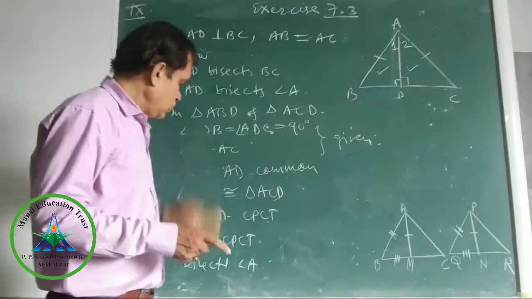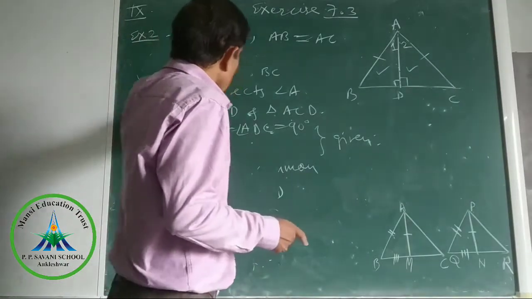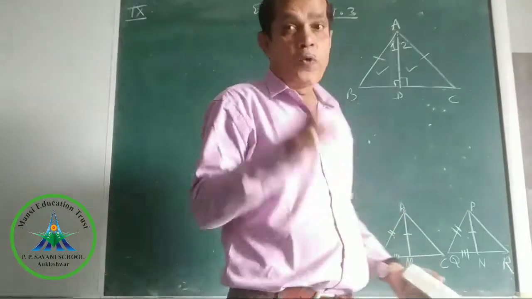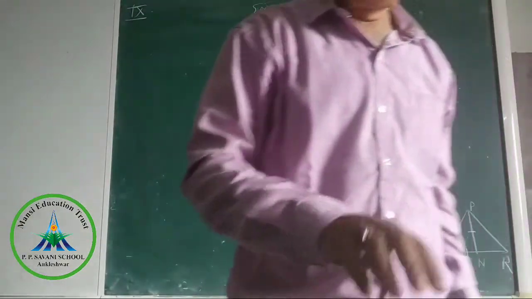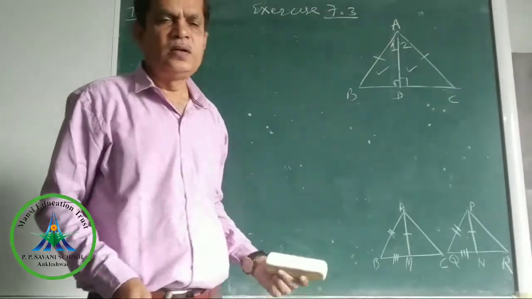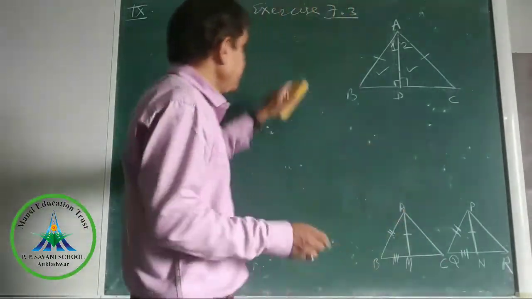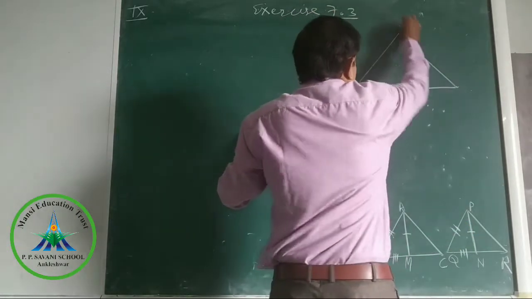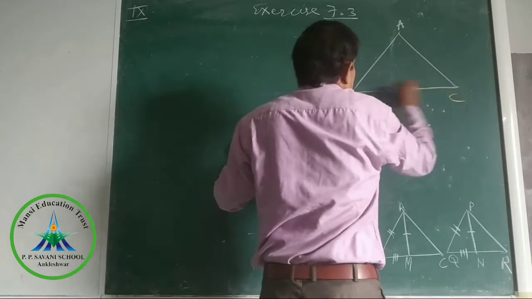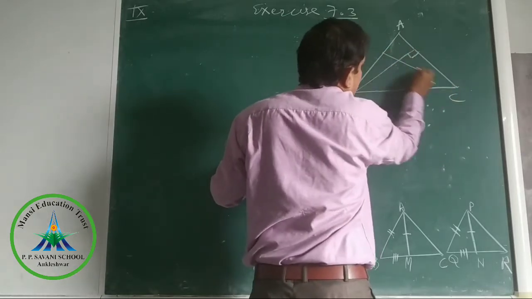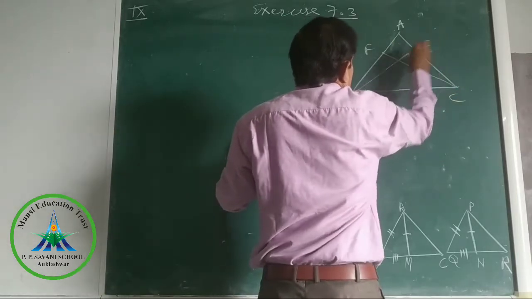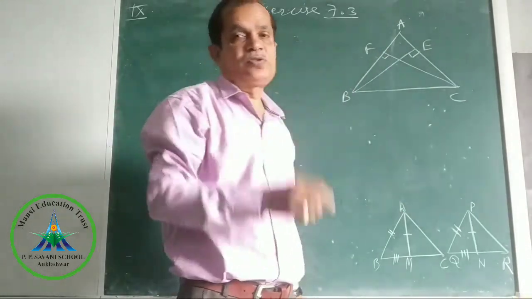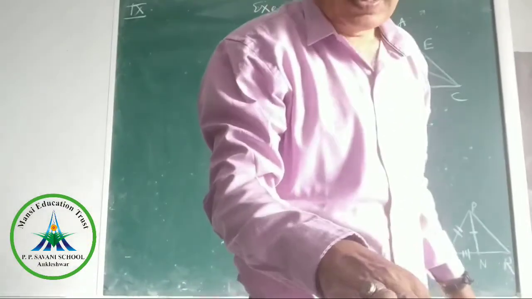Fine. Now we will see example number 4. BE and CF are two equal altitudes. I am drawing a triangle. They give triangle ABC, BE and CF are two equal altitudes, right?